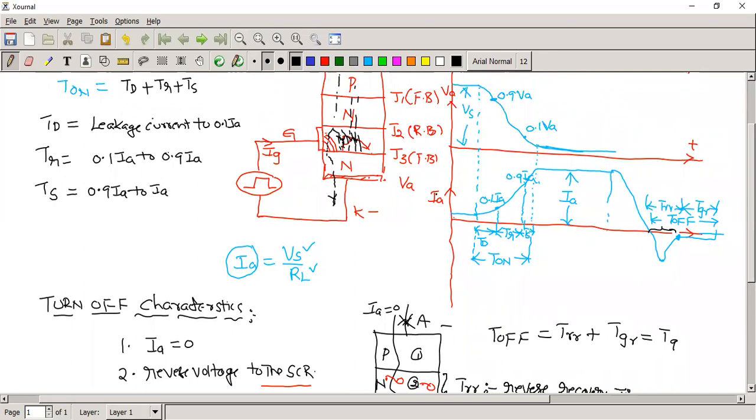Looking at the anode voltage, observe closely, from the peak value to this point, the anode voltage is zero. Once the current is decreasing, a reverse voltage is applied to the device from this point, and finally this voltage also comes to zero.